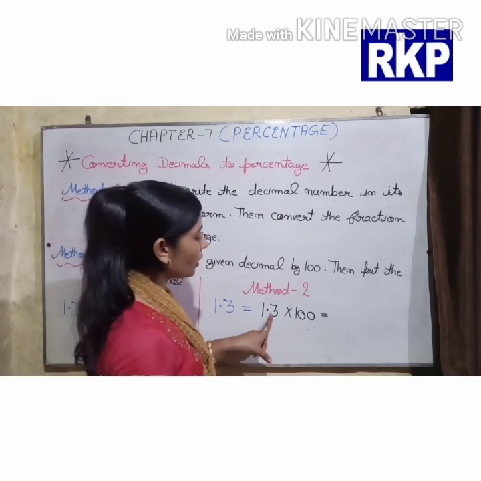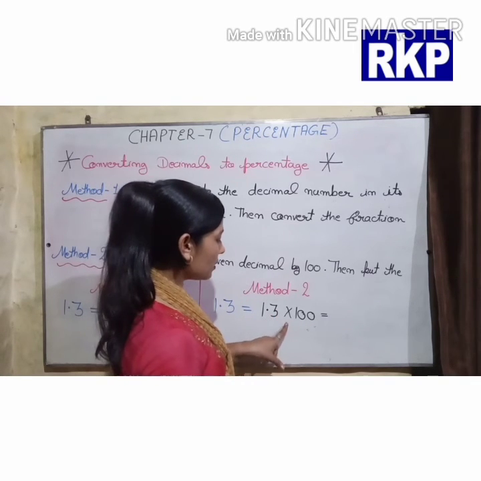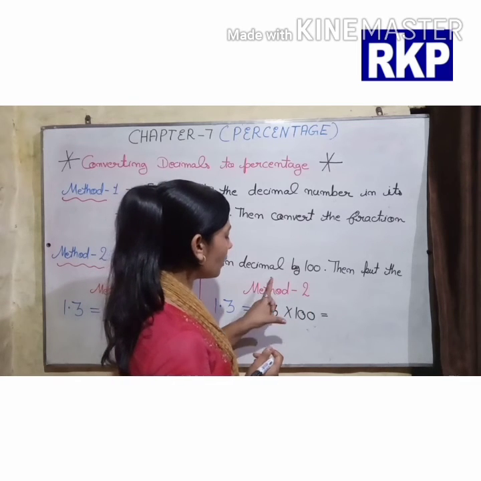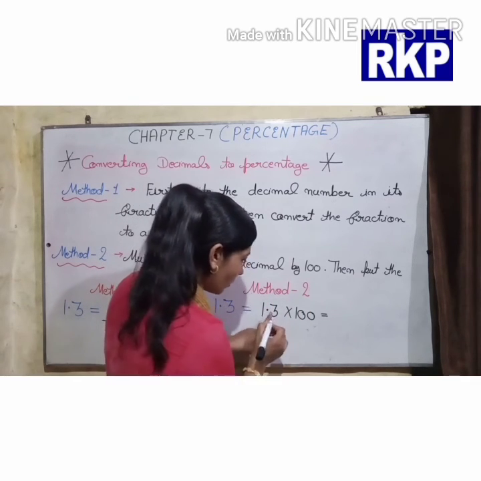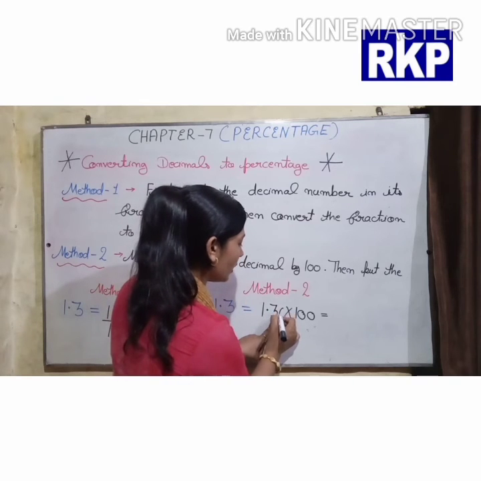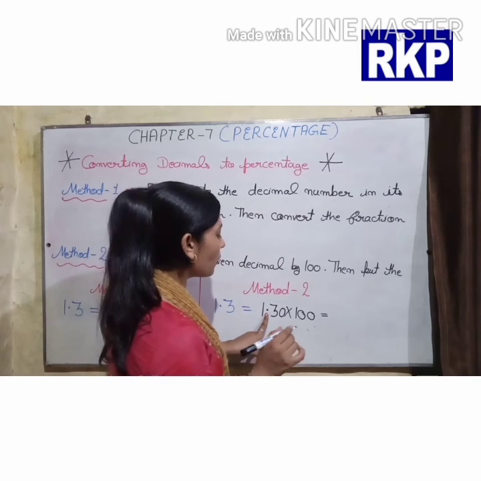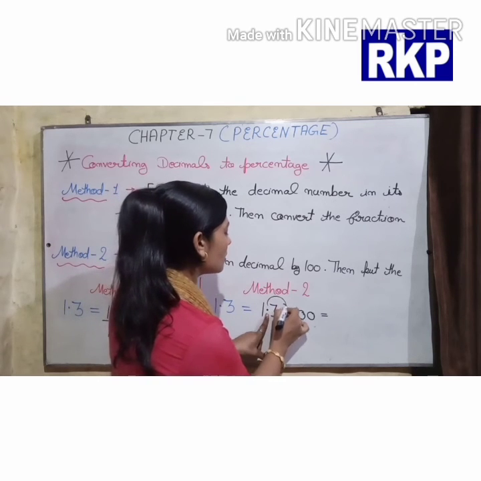Okay, so here beta we shift the decimal point 2 digits to the right side. Means our decimal point will come after only 1 digit, so here we need to write one more zero. Okay, 1 0. So our decimal point will come after this 0.